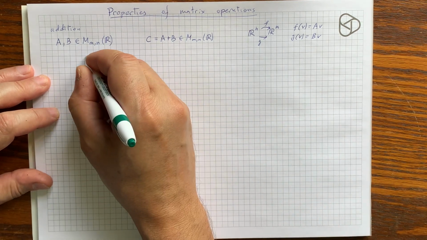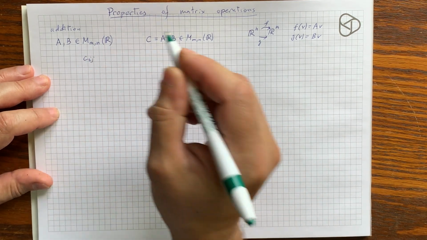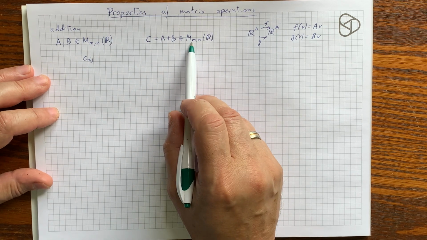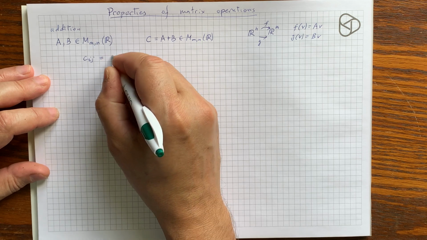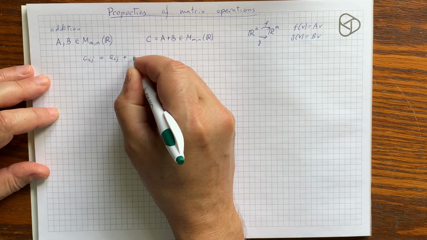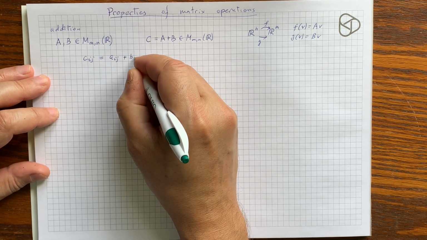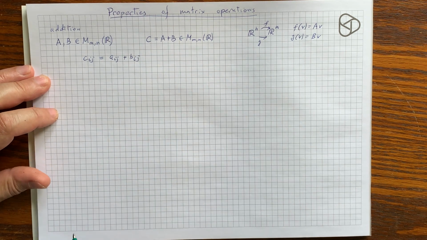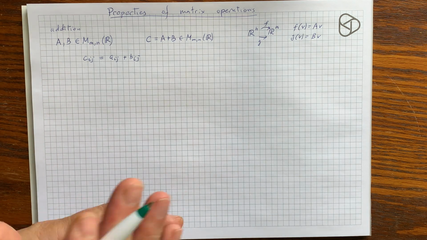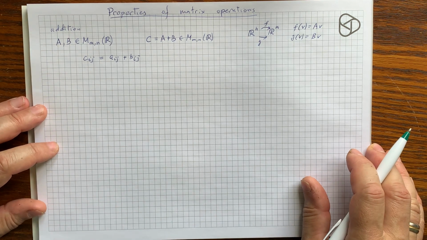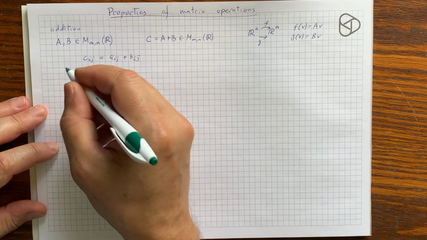So the answer for the matrix entries of matrix C, something sitting in ith row in jth column, will be just the sum of corresponding matrix elements of A and B. That is a generic recipe of adding two matrices. We just align the tables and sum up their entries.